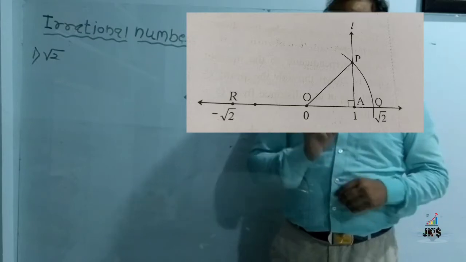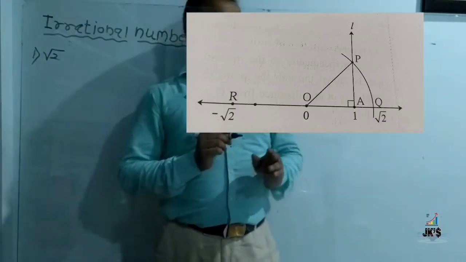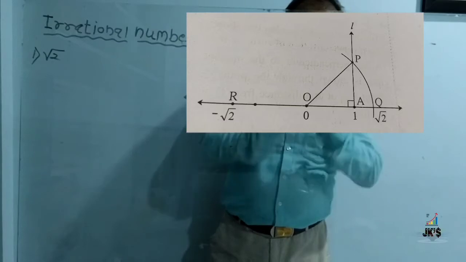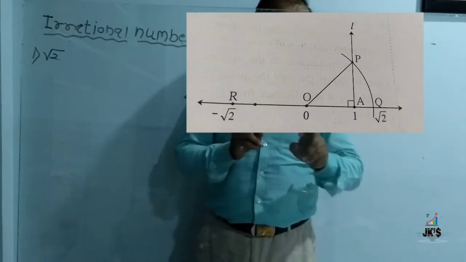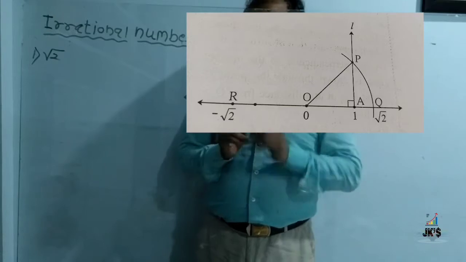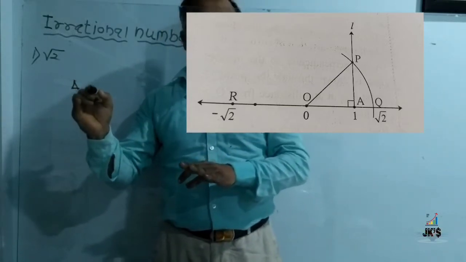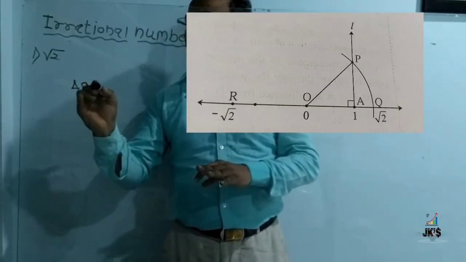Now friends, we draw the line L perpendicular to this number line at A and join the segment OP. Then we get a triangle OAP.